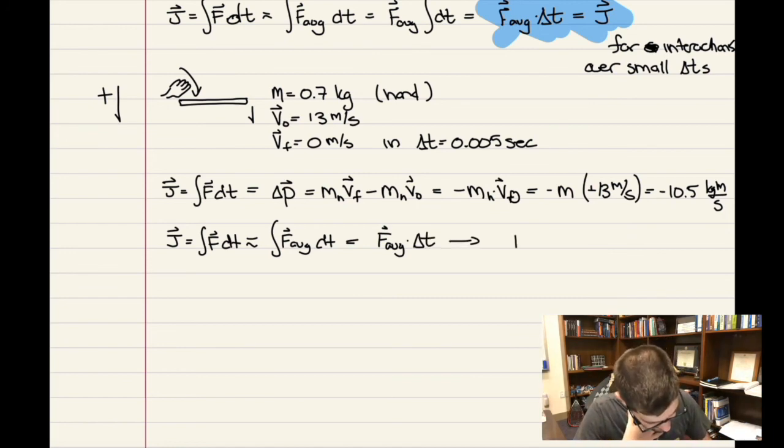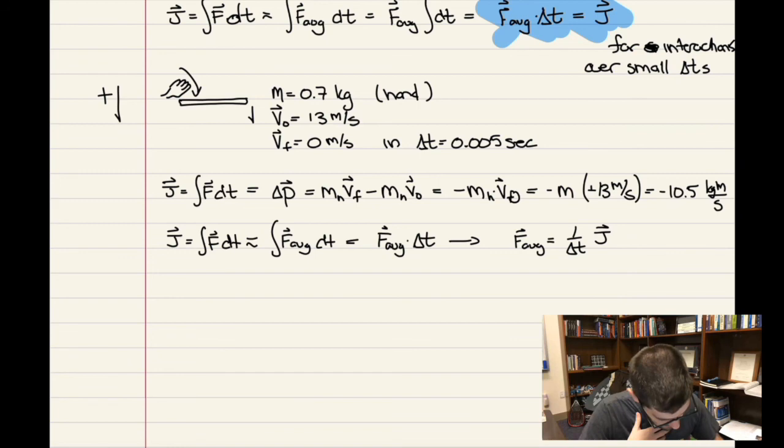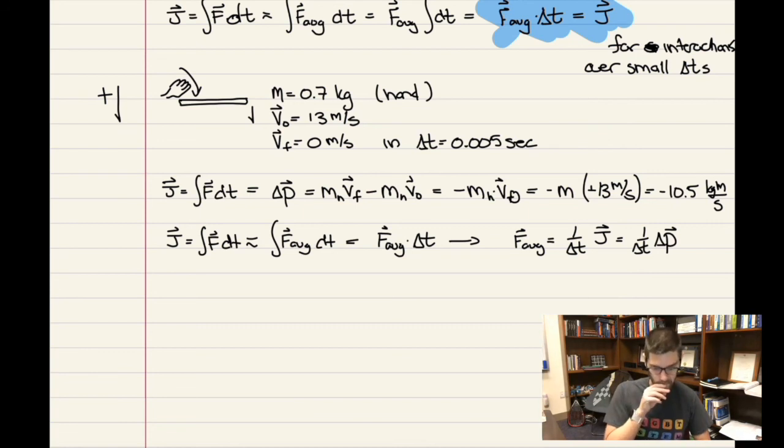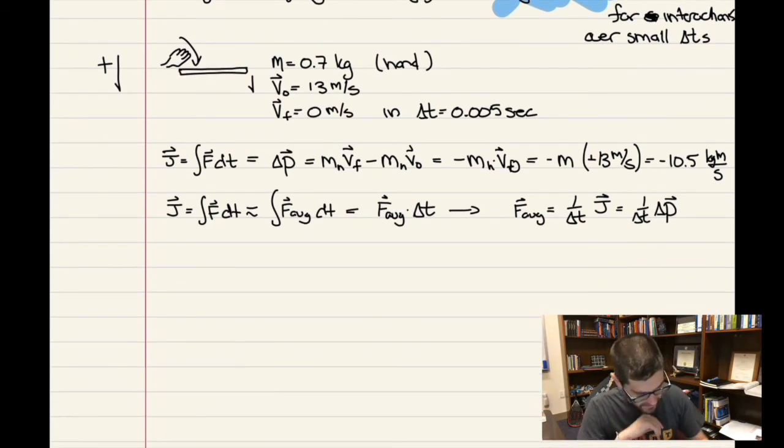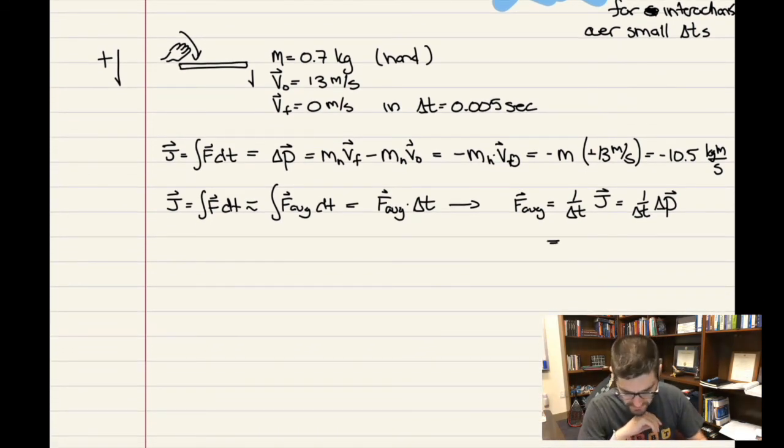I can solve for F average and write this as 1 over delta t times my impulse, or said another way, 1 over delta t times my change in momentum. So we just calculate: negative 10.5, divided by 0.005. The average force that the hand feels is negative 2,100 newtons.